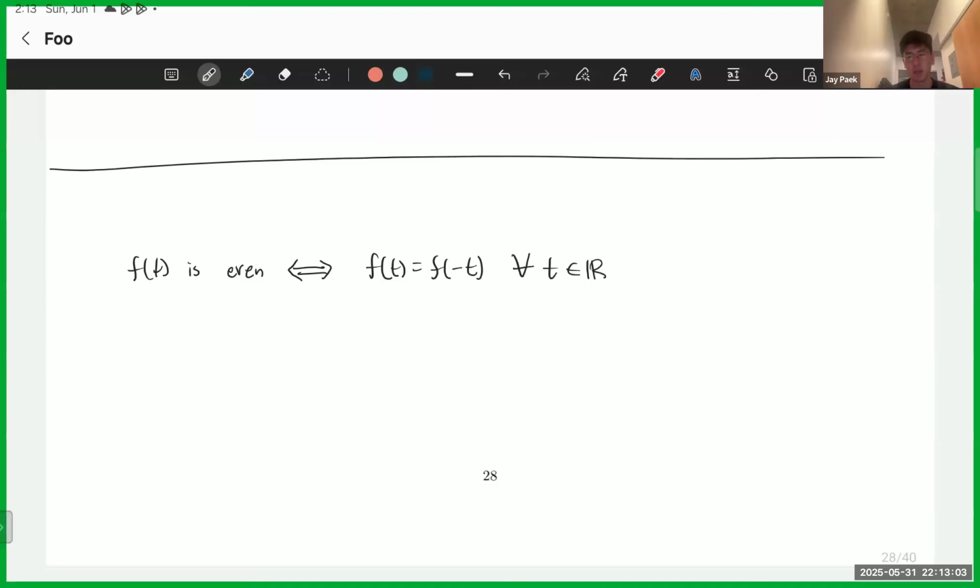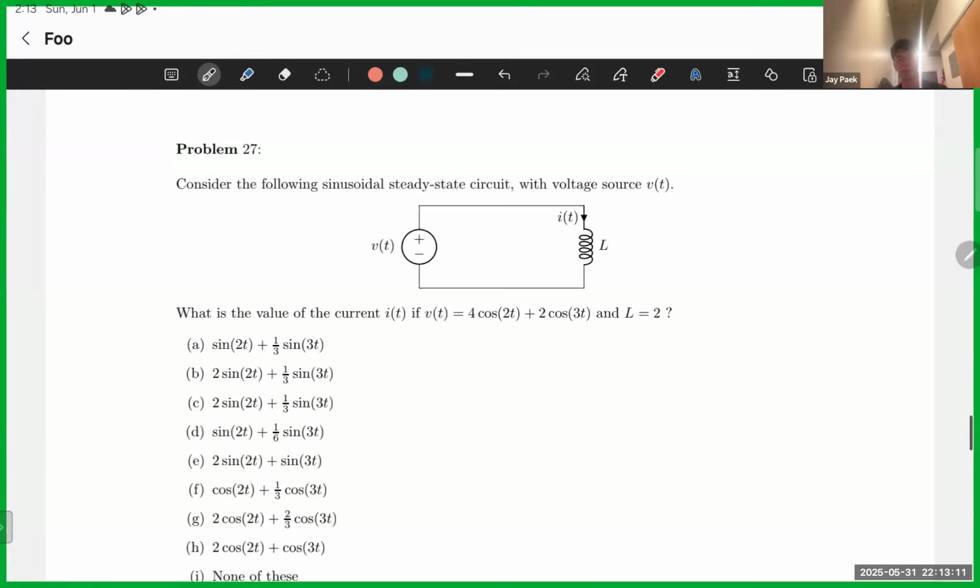Real functions means that the output is always real, no imaginary.